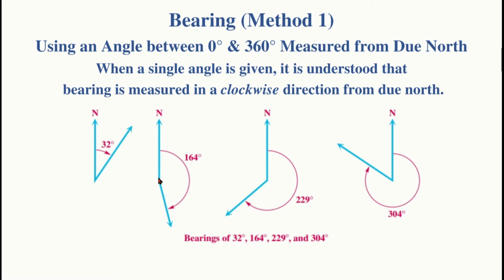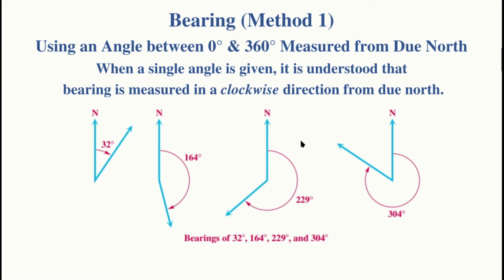Again, we have a due north line, and then from there we measure 164 degrees in a clockwise fashion. Here, this would indicate a bearing of 229 degrees. Again, you have your due north line, and then you measure from there in a clockwise direction, okay? And this would be a bearing of 304 degrees.